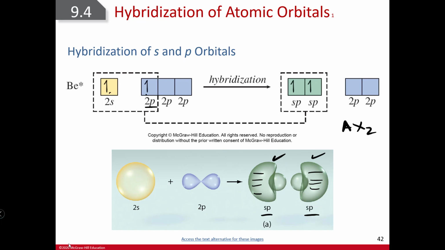And you go, why would you do that? Well, now you have two orbitals that have the same energy. Remember, the p is normally a little bit higher than the s. We learned that already. But what if I take one of these p's and one of these s's and I get an sp and an sp, and they have the same energy?